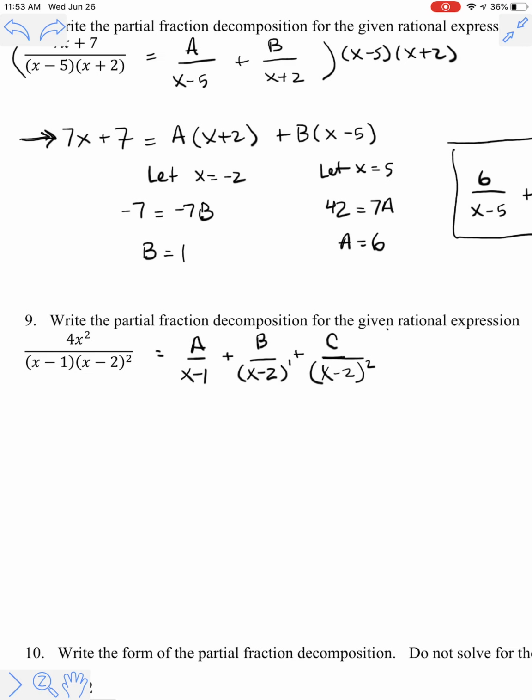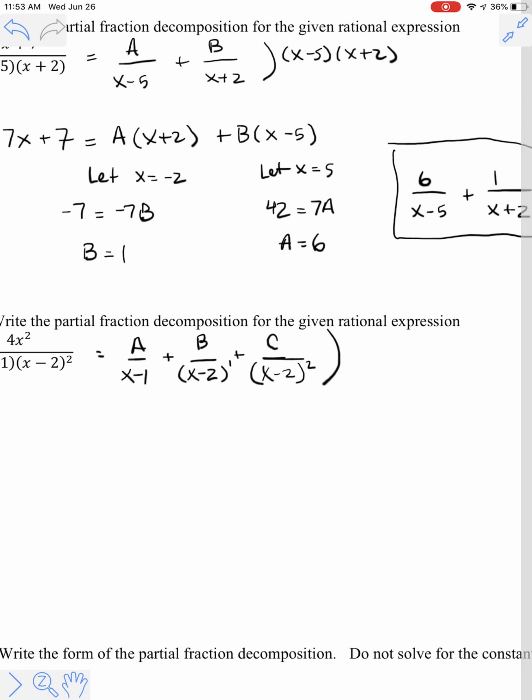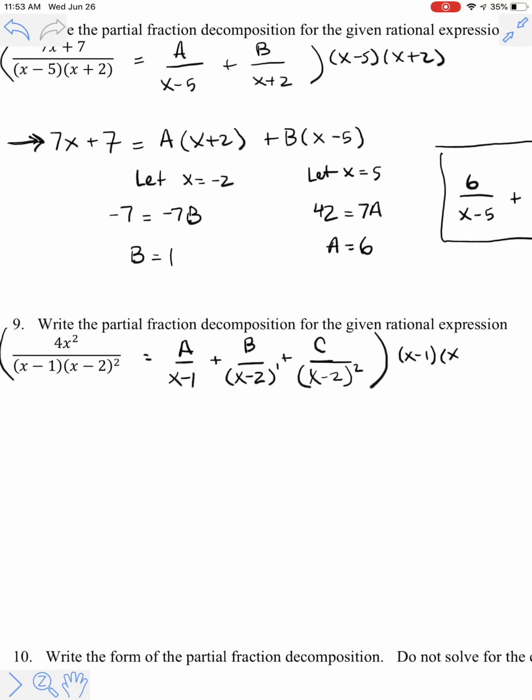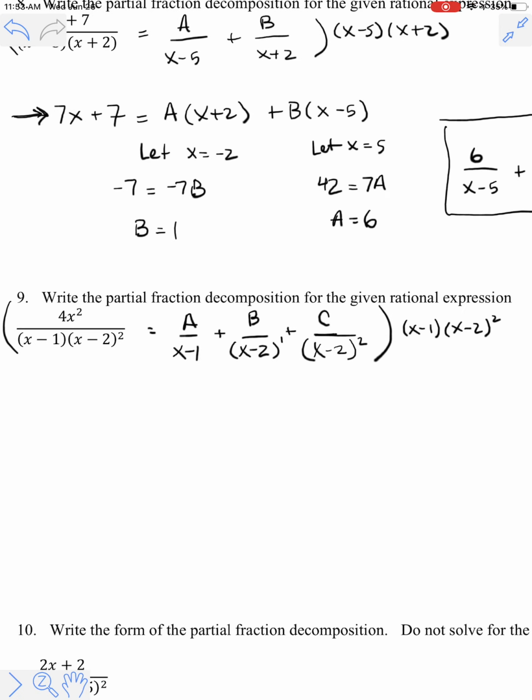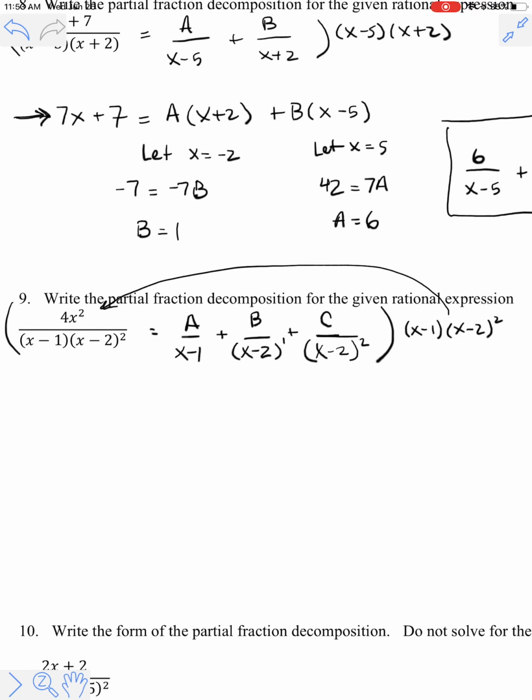Now we do the same technique as from the last example, multiply by the common denominator. So if this multiplies all the way over there, then the whole denominator would cancel, leaving just 4x squared. When that multiplies there, then the x minus 1's cancel, leaving a multiplying with x minus 2 squared.